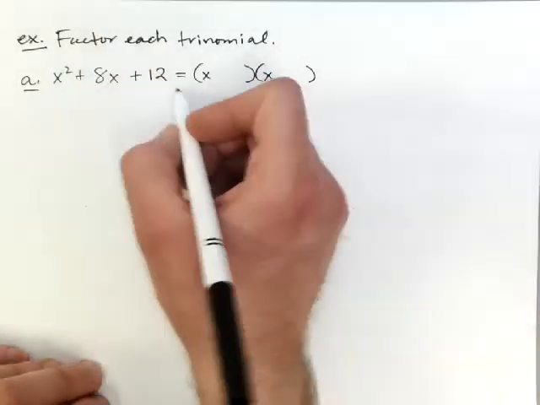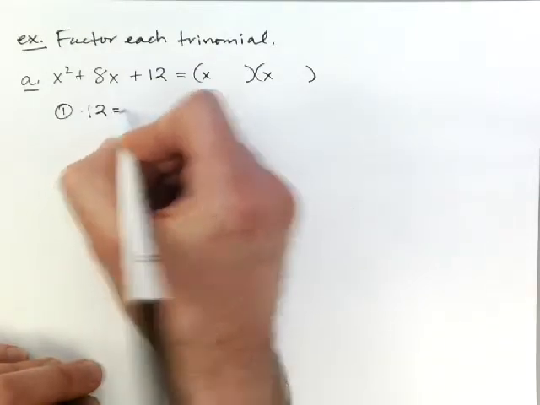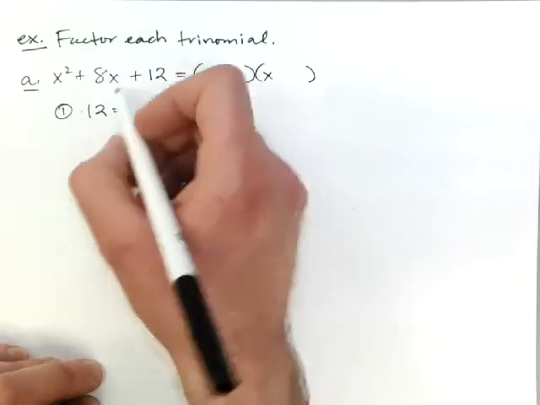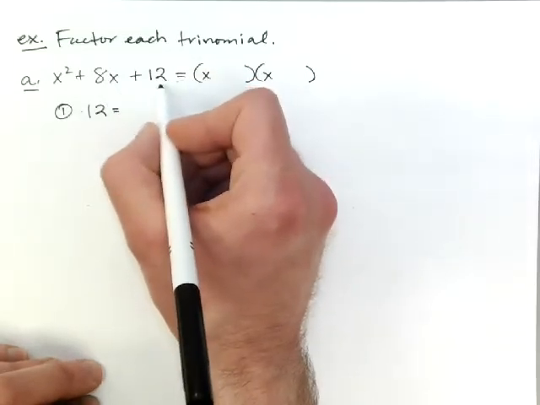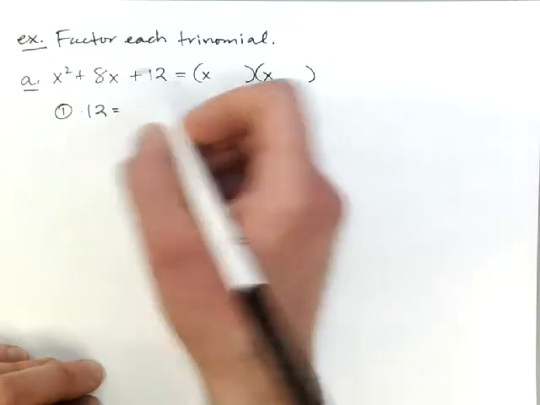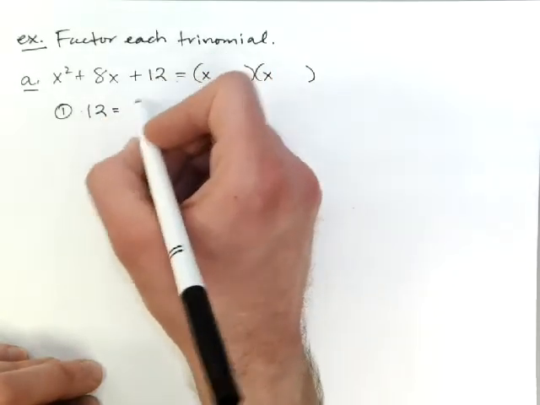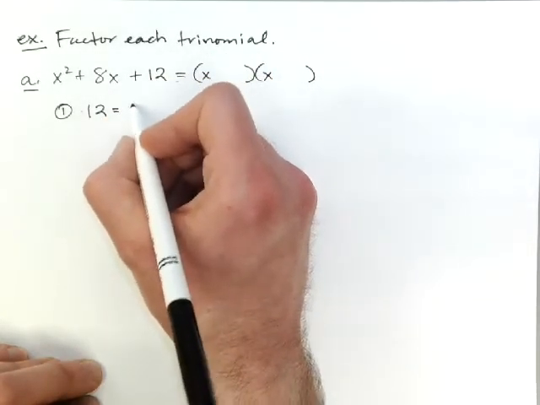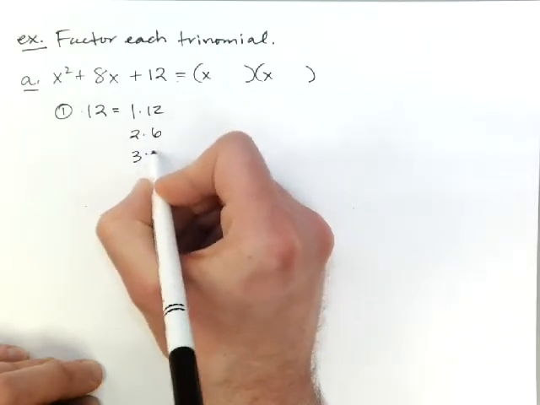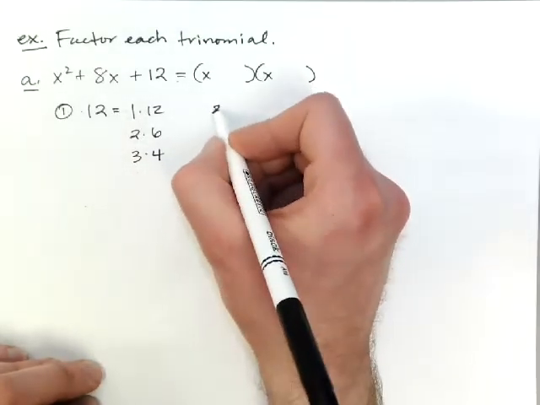Okay, so we're looking at this. We need to factor 12 and find the factors that add up to 8 if we can. Notice 12 is positive and 8 is also positive, so both of our constants need to be positive. So 12 can be created as 1 times 12, 2 times 6, 3 times 4, and then we could switch around, but we're not going to get any different results.